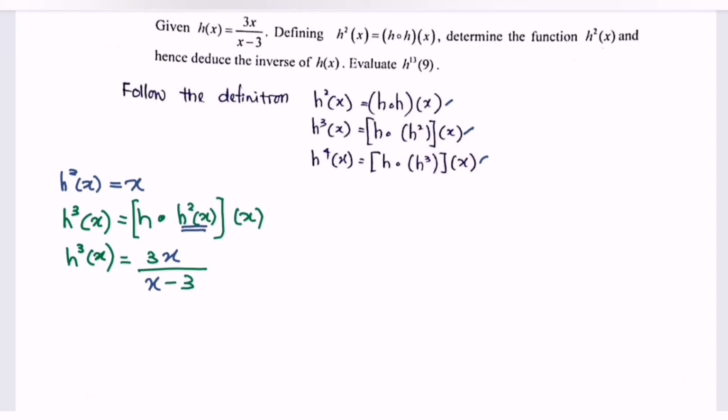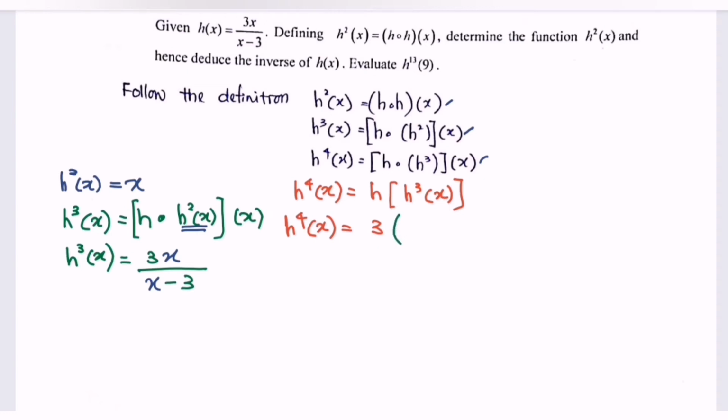Next what we have to do is to find the h to the power of 4. So we have to substitute the h to the power of 3 into the function h. So repeat the situation. h to the power 4 x is equals to 3 bracket, the x would be the h cube.